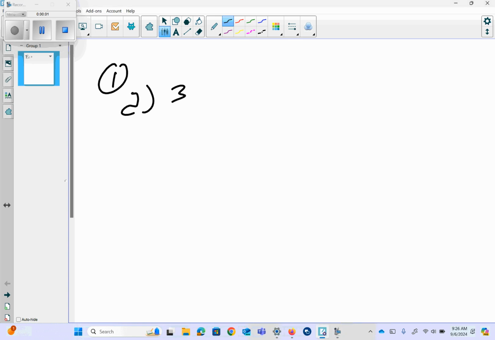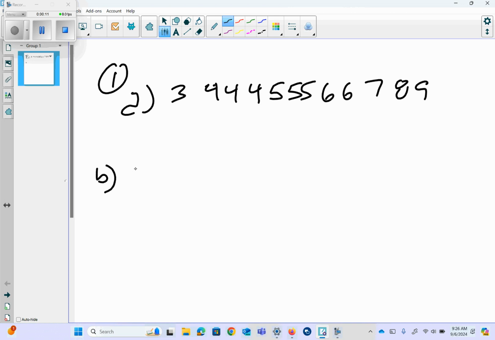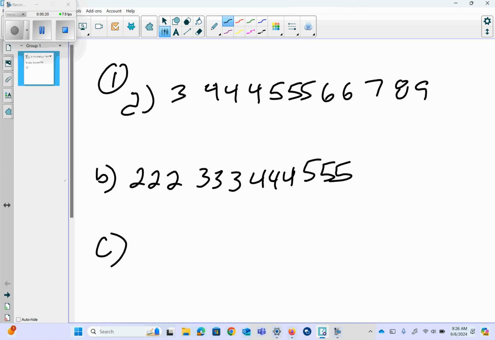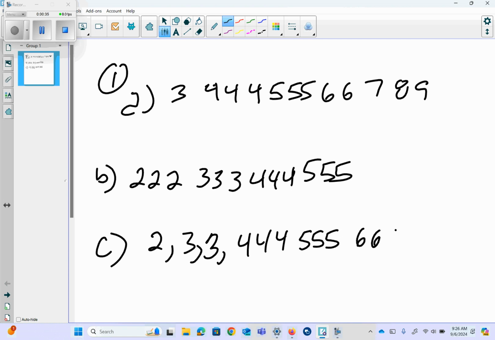Dash 8, 3, 4, 4, 4, 5, 5, 5, 6, 6, 7, 8, 9, and B, 2, 3, 1, 2, 3, 1, 2, 3, 1, 2, 3, and C, we have 2, 3, 3, 1, 2, 3 of those, 1, 2, 3, and then 3 of those, and then 6, 6, 7.